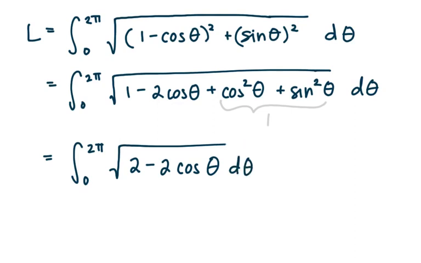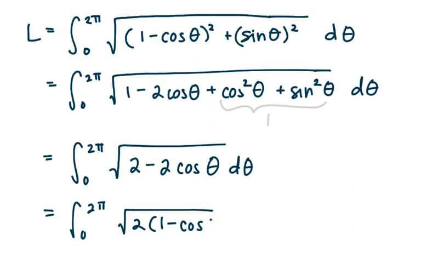d theta. So I see I can factor a 2 out. It's the integral from 0 to 2 pi of the square root of 2 times 1 minus cosine theta d theta.